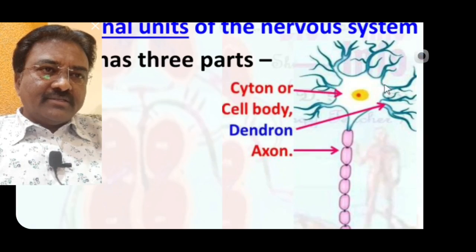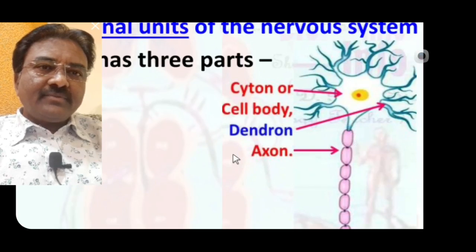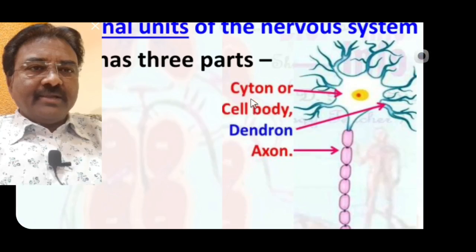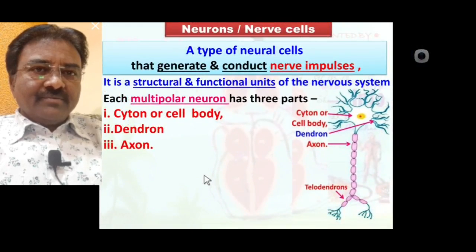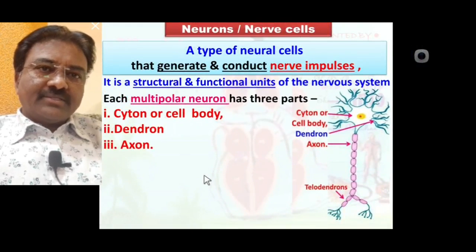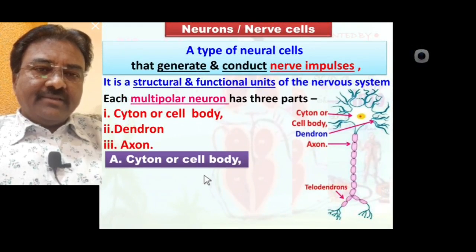This one is dendron, this one is also dendron, and these small branches are dendrites, and this long portion connected to cyton is called axon. So the actual three parts of multipolar neuron are cyton or cell body, dendron, and axon. We learn one by one what is actual cyton and cell body.